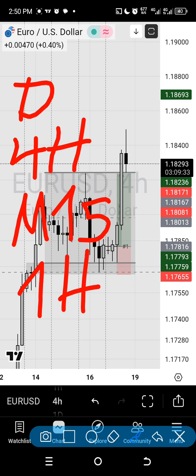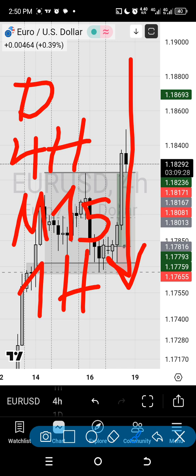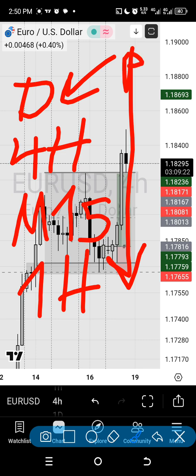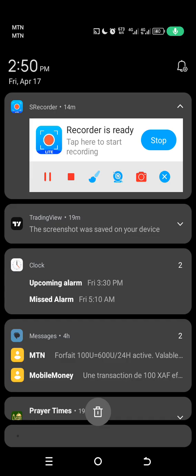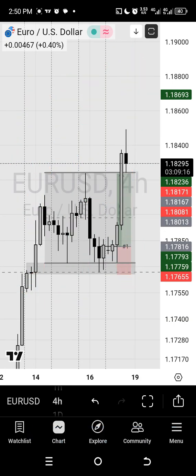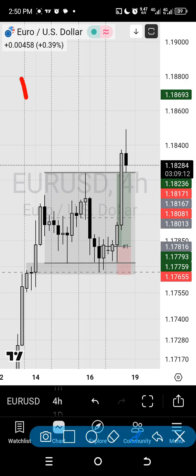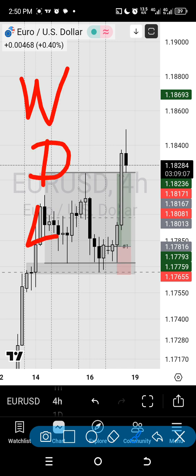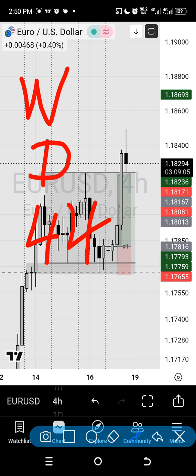These are the time frames in which I position myself in order to take a trade from the daily bias. You understand, right? Here is what I'm saying: if I do my analysis on the 1 week time frame, I'll position myself on the daily, position myself on the 4 hours, and then take my trade on the 15 minute.